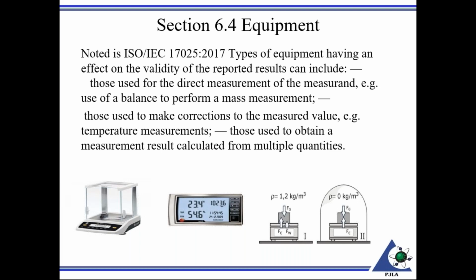Or those used to obtain measurement results calculated from multiple quantities, for example, the air buoyant effect, if you need to take into account various environmental effects. So it's not just the primary piece of equipment used to perform a calibration or test. It should also expand into those auxiliary equipment that are also incorporated into the test or calibration that's being performed.